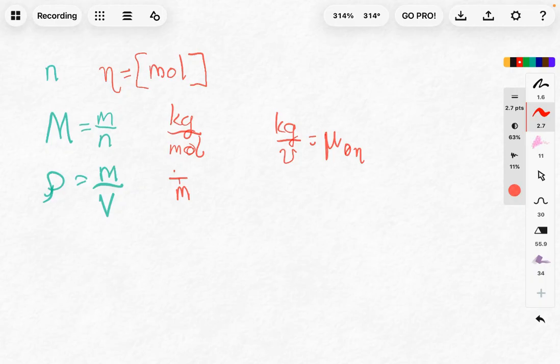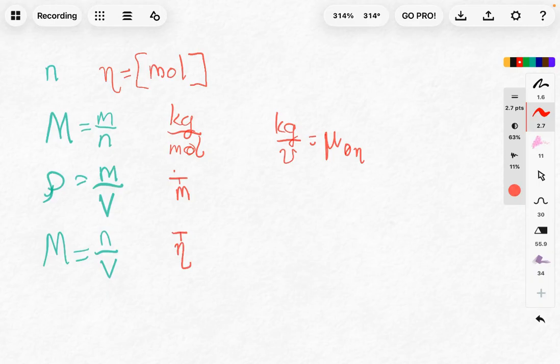Then I would like to look at molar concentration, which is also called molarity. Molarity, which is usually big M, is the number of moles per volume. And again, that's just something per volume that is very easy to symbolize.